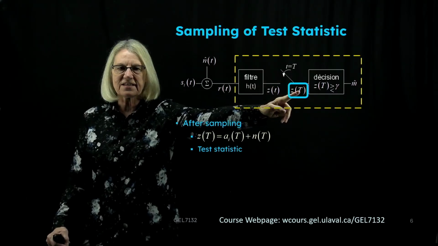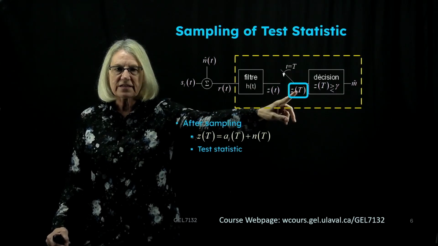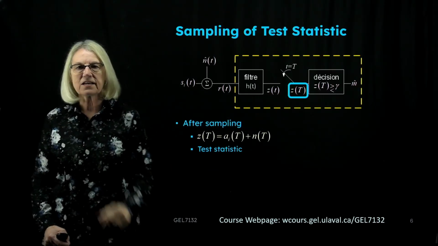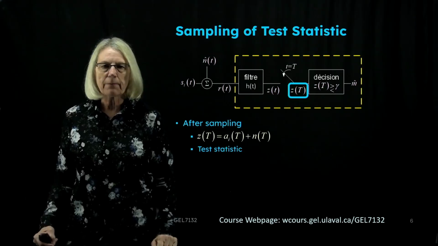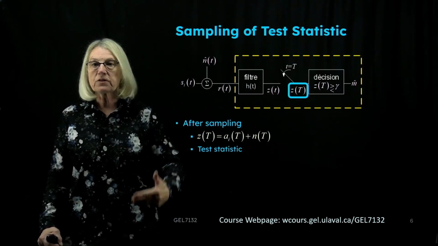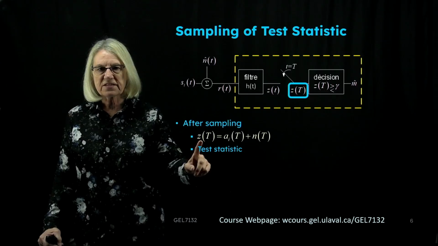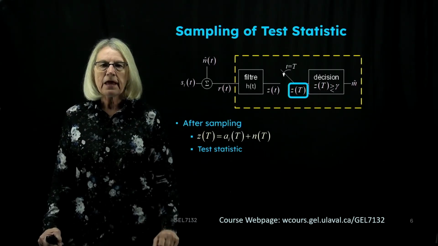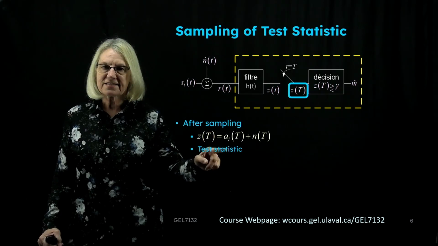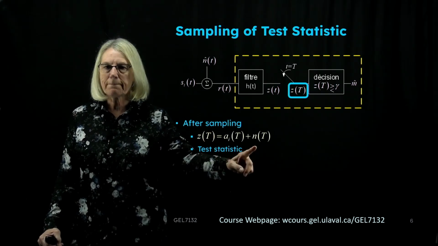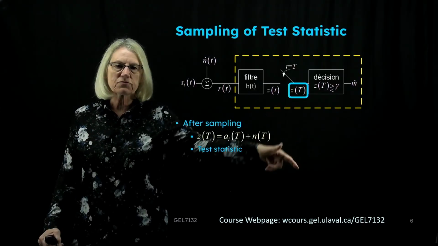And so now we're going to see, instead of lowercase t, which represents continuous time, a capital T, which indicates that once per bit symbol, which has a duration of capital T, we're going to sample this output of the filter. So again, we can represent this by Z of capital T, and the name we give to this is a test statistic. This test statistic has two components. Again, there's the part that comes from the signal portion and the part that comes from the noise portion.